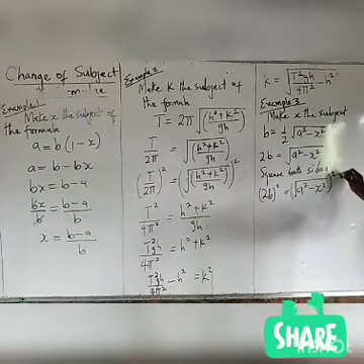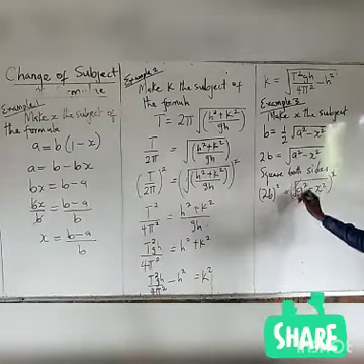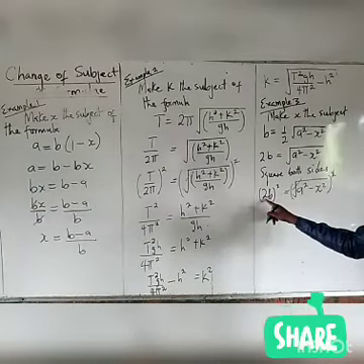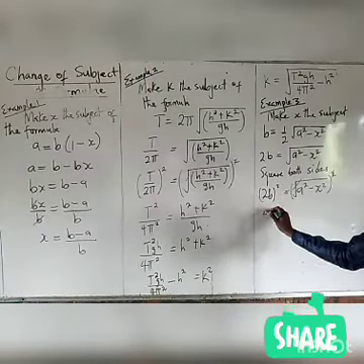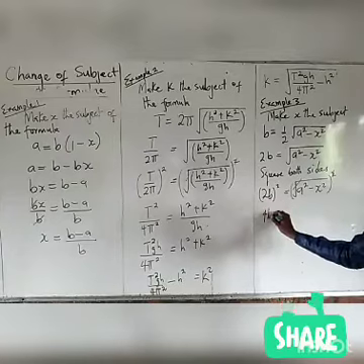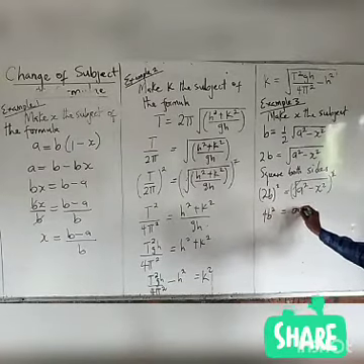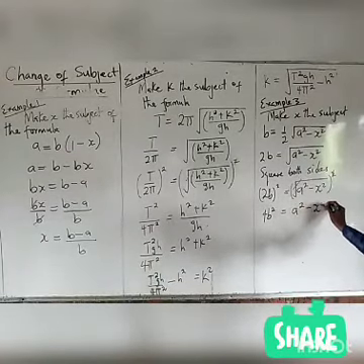So that the square will cancel the square root. You'll now be left with 2 raised to power 2, which is 4, b raised to power 2 is b squared, equals a squared minus x squared.